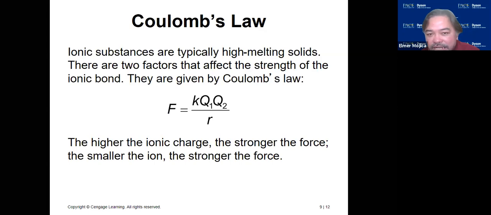And we also discussed Coulomb's law, with respect to how strong the ionic bond will be and how it will affect the physical properties of ionic compounds. So in Coulomb's law, we just stated here that the higher the charges, the higher is the force of interaction, and the smaller the radius, the higher is the force of interaction.